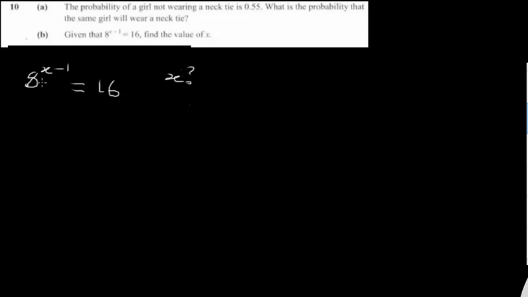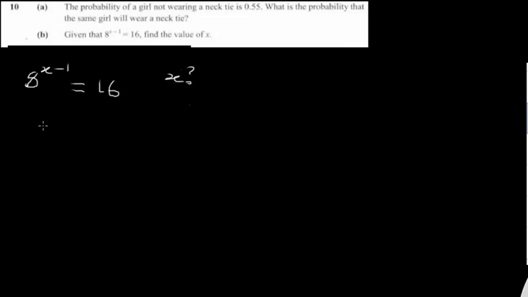So firstly, we have 8 on this side and we have 16. What base would we have on both sides of the equal sign? Is 4 possible? What number do we raise 4 to for us to get 8? Well, that's a bit complicated. What about 2?